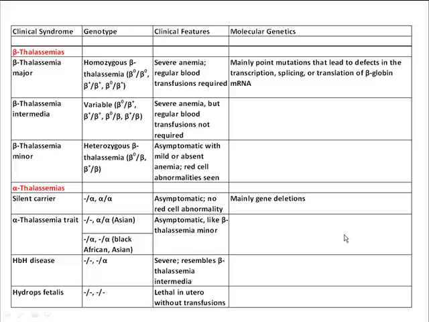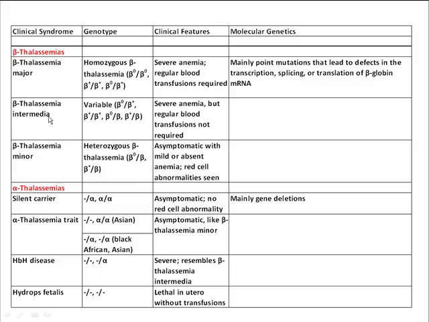Okay, this is a table showing the different forms of beta and alpha thalassemias. In beta thalassemia major, there's going to be a combination of two mutated genes, either beta 0 or beta plus, and so this is a severe case. The patient will have severe anemia, and they're going to require regular blood transfusions.